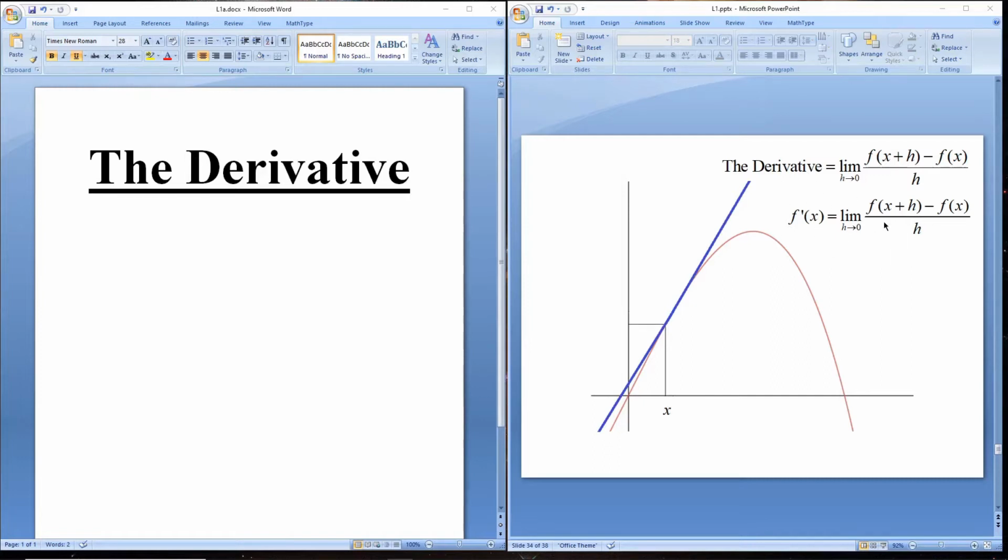Calculus actually originated with Newton, Isaac Newton, and Leibniz. Newton liked the prime notation, which definitely has its uses. And Leibniz had what I like to call this differential notation, which also means the derivative. So we have these two notations that both mean the derivative, and they both have their uses.